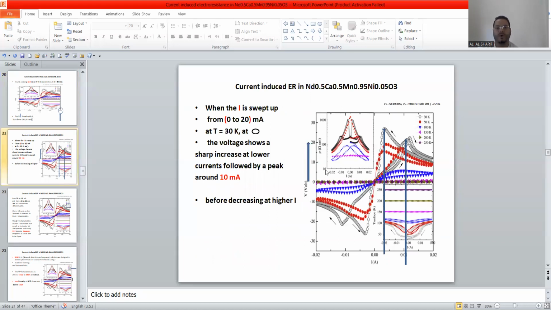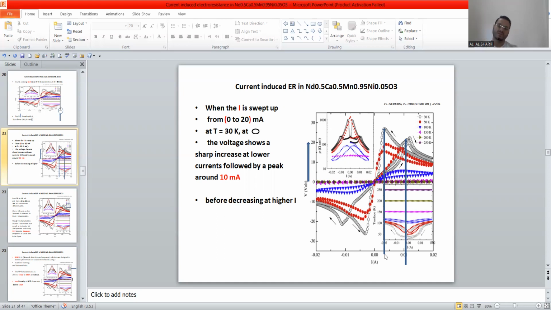Now, when the current is swept up from 0 to 20 milliampere at 30 Kelvin, the first curve, the voltage shows a sharp increase at lower current, like I said before, followed by a peak at around 10 milliampere, less than 10 milliampere, before decreasing at high current.